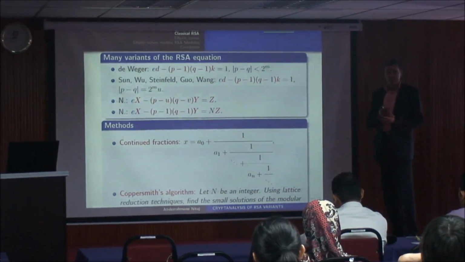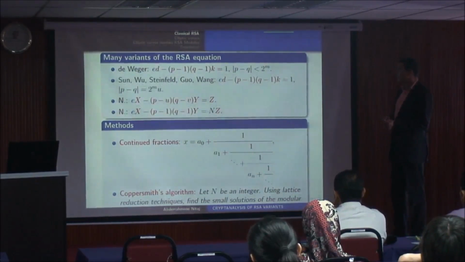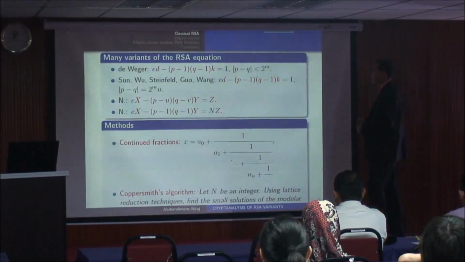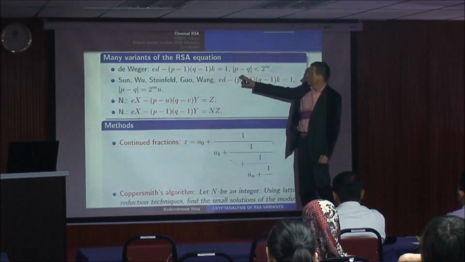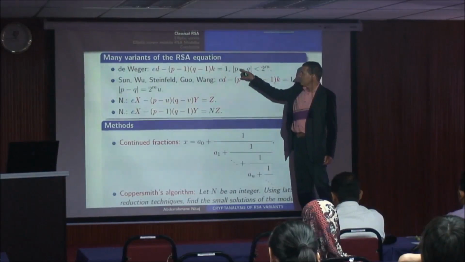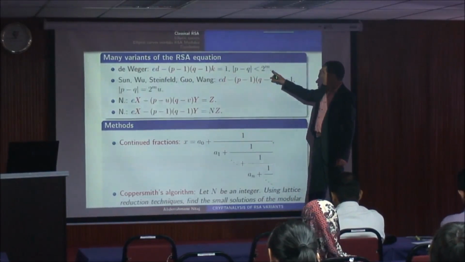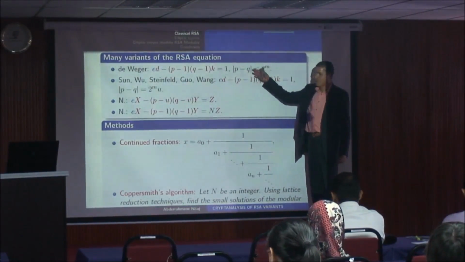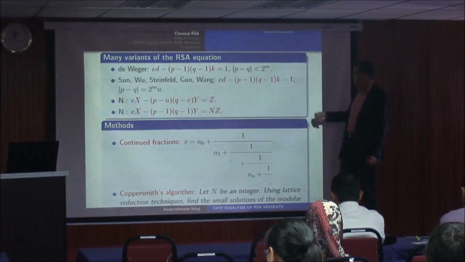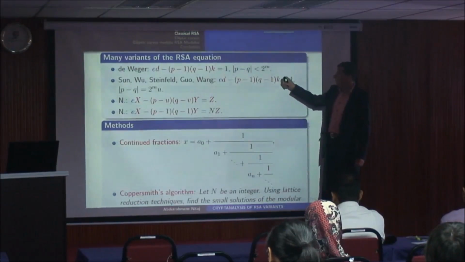Also, there are many variants of the RSA equation. For example, we can find the solutions of the key equation if we have extra conditions on the prime numbers.